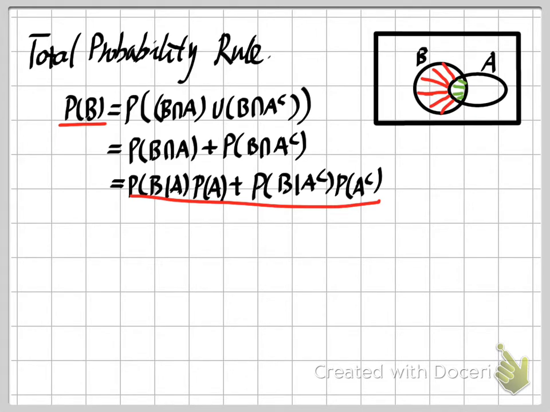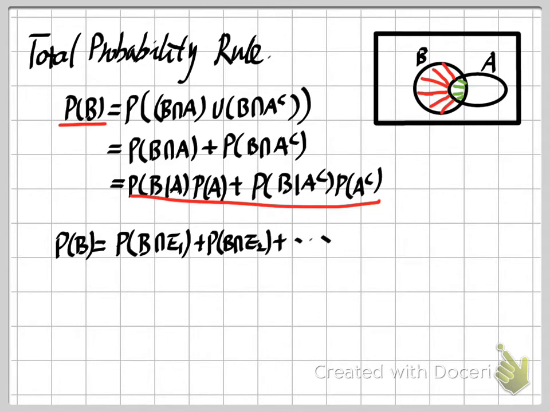For this total probability rule, of course, it can be extended to not only A. We can think of this as A1, A2, A3, or E1, E2, E3. If we want to write the more general equation, in case in total we have E sub 1 until E sub n, then we can write this equation as probability of B intersection E1 plus probability of B intersection E2, until probability of B intersection En.